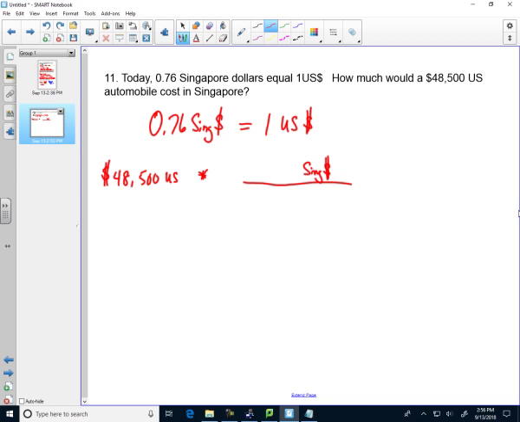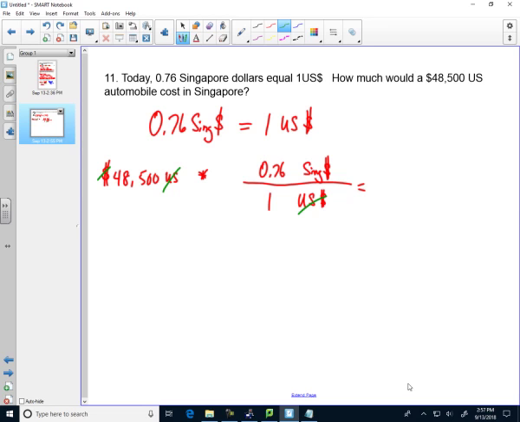We do, don't we? 1 US equals 0.76. And the reason I wrote it like that is I can do this. So my units wind up to be what? Singapore dollars.